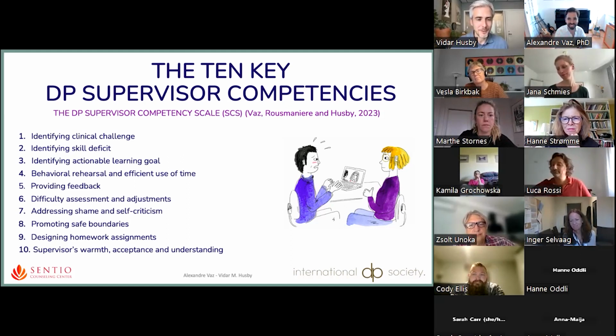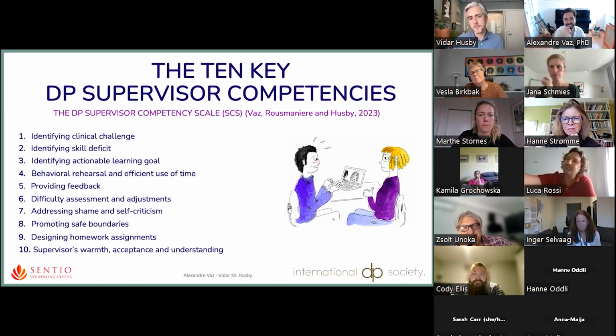Yeah. No, I think also it's interesting to see how differently these skills are expressed across supervisors.